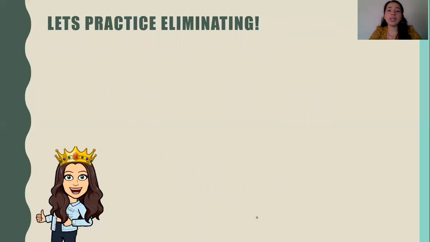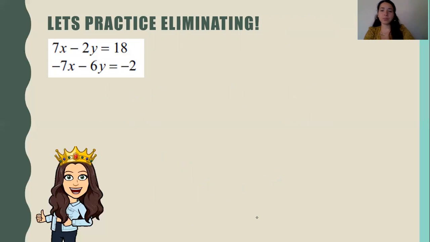All right, so we're gonna keep practicing eliminating, but this time we're gonna do it with equations that look like this, okay? So we have a group of 2 equations. I need to find what I can eliminate from these 2 equations. So I'm gonna divide up the x's, so notice this is x.